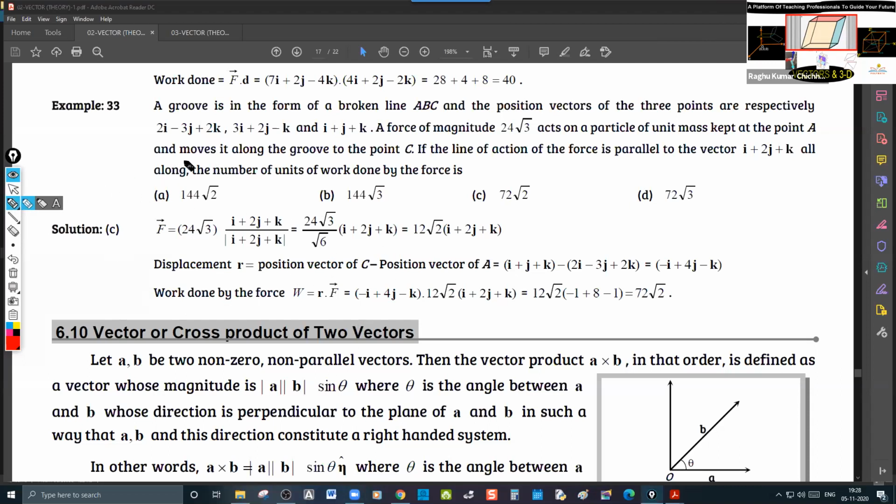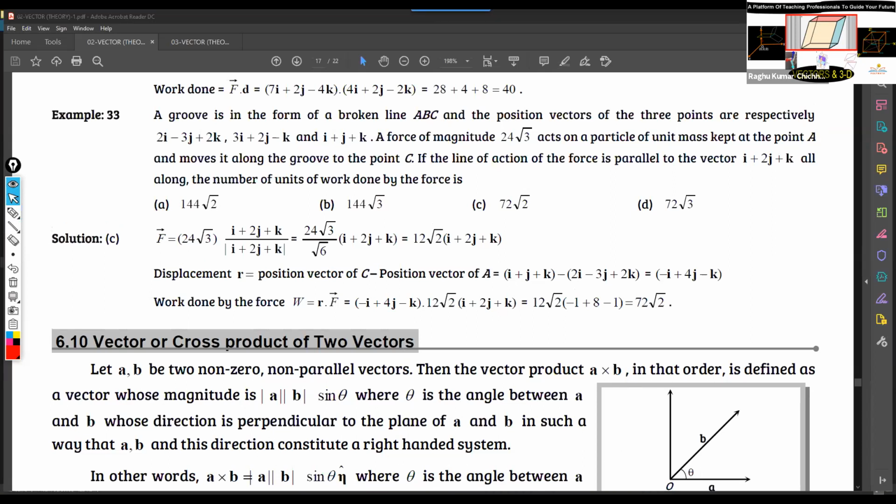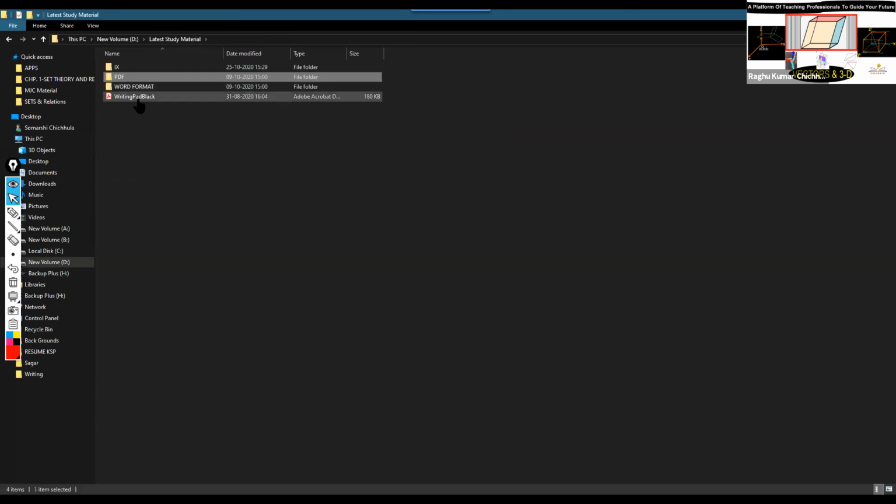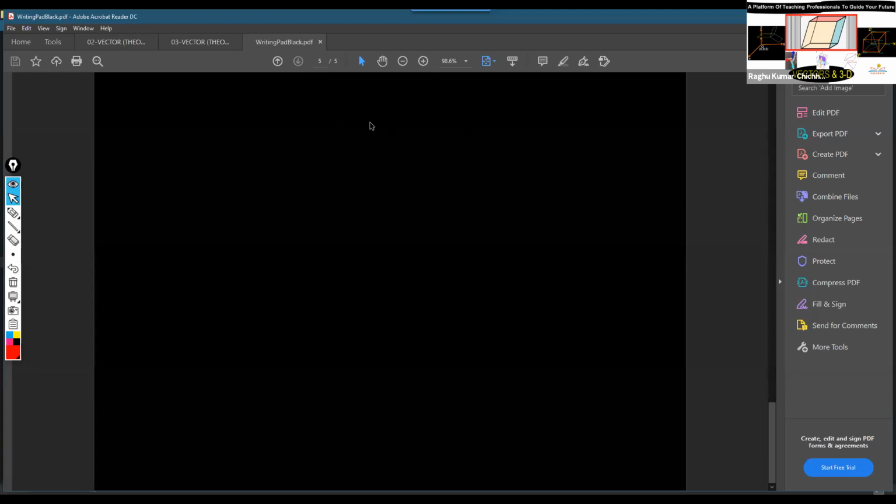If the cross product is a vector, then what should be its direction? That's very important. How will its direction be?